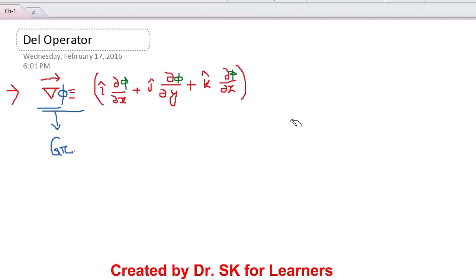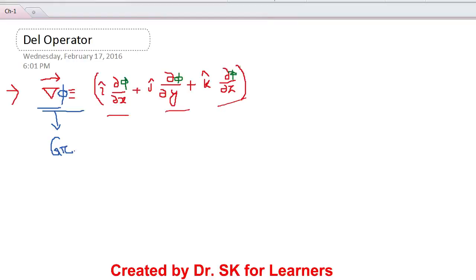So basically, when you are using the del operator on a scalar quantity, the scalar quantity becomes a vector quantity because it has, you see, i cap, j cap, and k cap attached to it. So if the scalar quantity is say 5 or anything, then because of the multiplication of i cap, j cap, and k cap, it will become a vector quantity.